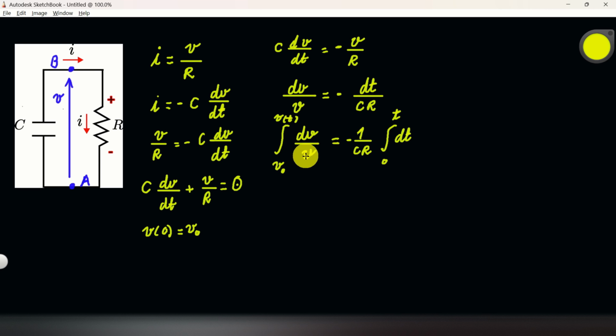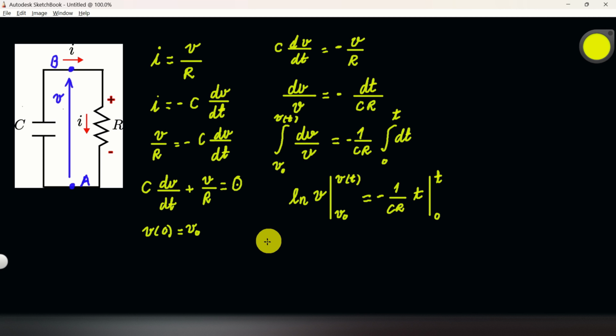An integral of dV over V is simply ln of V. And over here we have the bounds. The bounds are V0 and V of t. On the right hand side, we have minus 1 over CR, and then we have t with the bounds from 0 to t.